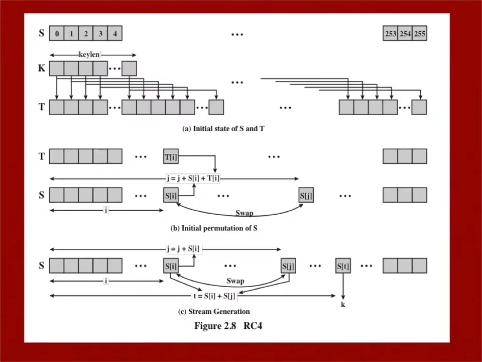So how does RC4 work? I suppose you have studied this in applied cryptography, so I'll go a little bit fast, and stop me if there is anything that's not clear. You have a state matrix S which initially is all the ASCII codes, from 0 all the way to 255.